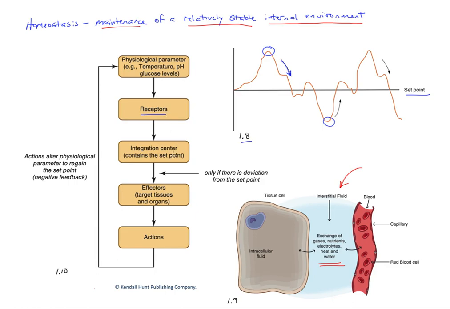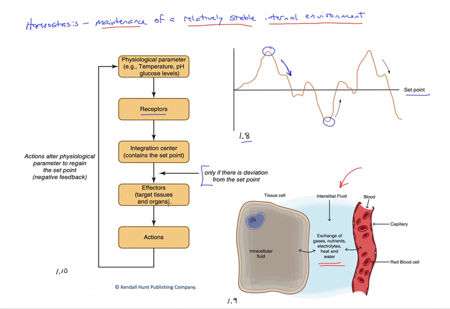The integration center would determine whether we are or are not at our set point. And then if we are not, only if there's a deviation from the set point, we would actually activate effectors. The effectors are the target tissues and organs that act to solve the particular problem. So for body temperature, for instance, if body temperature is too warm, we might start to sweat or peripherally vasodilate, send more blood flow to our skin to release more heat to the environment. Those are the effectors that become activated.